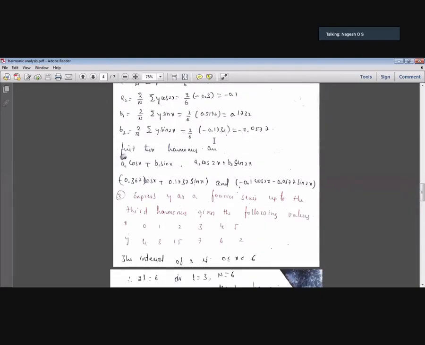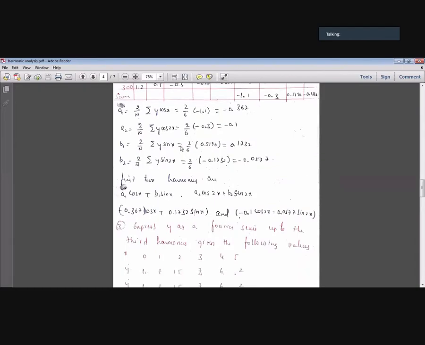This is the question. Express y as a Fourier series to the third harmonics given the following values: x equals 0, 1, 2, 3, 4, 5. Respective y values are 4, 8, 15, 7, 6, 2. Okay.